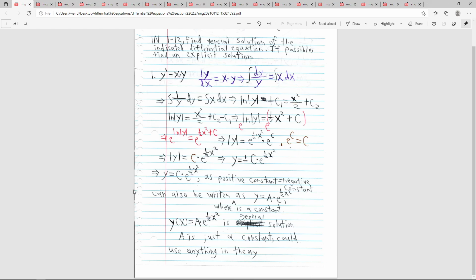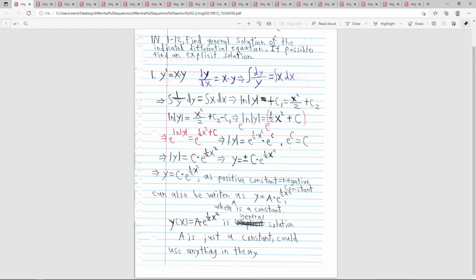A positive constant or a negative constant, they're just constants at the end of the day. Like negative 1 times c is still a constant, because negative 1 times 2 is negative 2, but it's still a constant. It's something to consider with constants, how things work out. So you could also use a times e to the 1/2 x squared instead of c, but that's how you simplify this down.